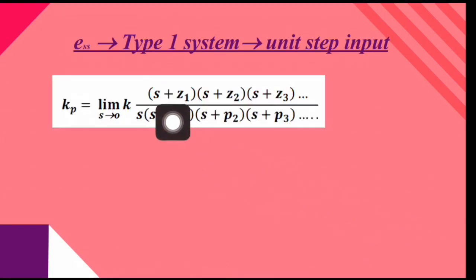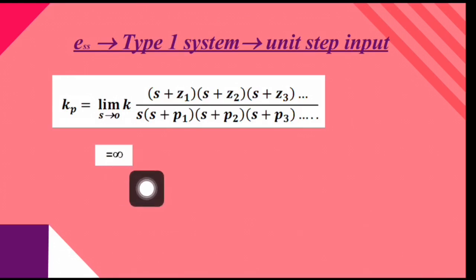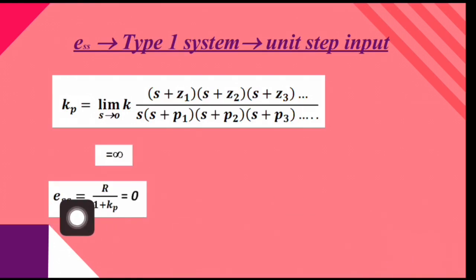Correspondingly, loop transfer function becomes (s plus z1) into (s plus z2) into (s plus z3) etc. divided by s into (s plus p1) into (s plus p2) into (s plus p3) etc. And our positional constant Kp can be written as limit s tends to 0 K into (s plus z1) into (s plus z2) into (s plus z3) etc. divided by s into (s plus p1) into (s plus p2) etc. By applying s tends to 0, we get Kp equal to infinity and correspondingly ESS is equal to 0.